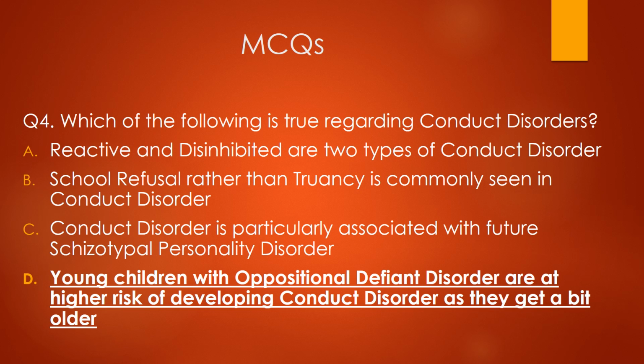A is false because reactive and disinhibited are 2 types of attachment disorder. Truancy rather than school refusal is commonly seen in conduct disorder. And conduct disorder is particularly associated with future antisocial personality disorder.